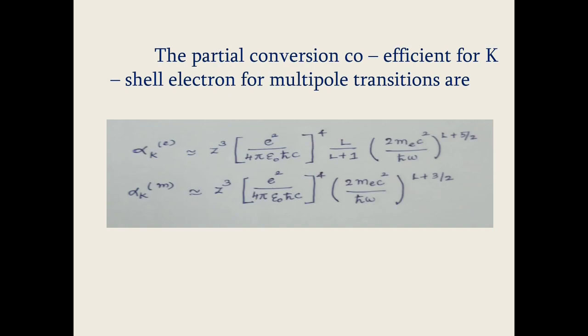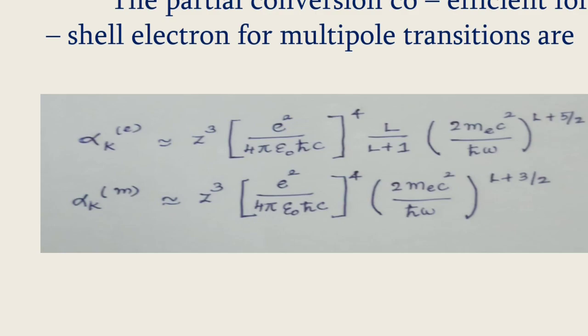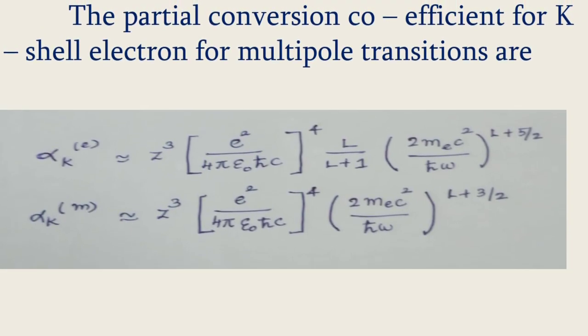These two equations give the partial conversion coefficient for K shell electrons for multipole transitions, like electric multipole transition and magnetic multipole transition. See, here the first one corresponds to the electric multipole transition. Alpha K of E is approximately equal to Z cube into e square divided by 4 pi epsilon naught h cross c, to the power 4, L by L plus 1, into 2 m e c square by h cross omega, the whole power L plus 5 by 2.